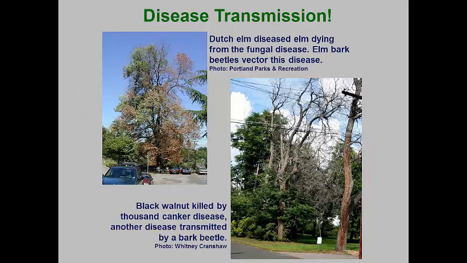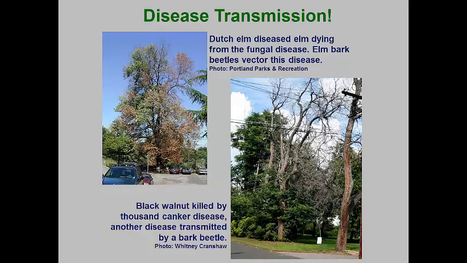There are several diseases that borers transmit from tree to tree. Probably the most famous of these is the Dutch elm disease that was introduced into North America in the 1930s and was first detected in Cleveland, Ohio. This fungal disease is transmitted by bark beetles and was the cause of the loss of American elms that lined hundreds of urban streets.